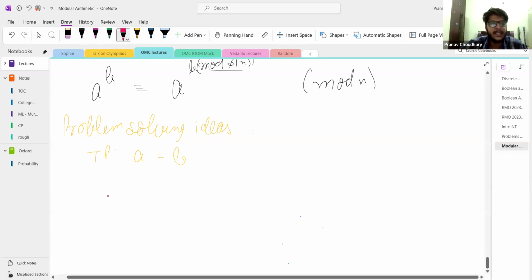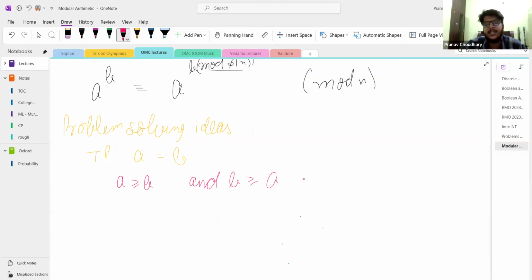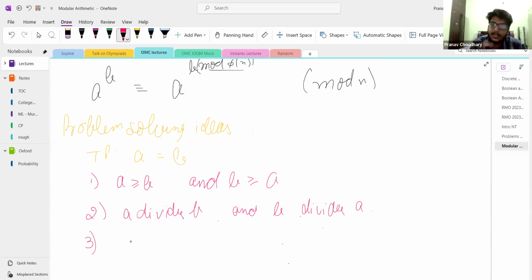Another is I can prove A is greater than or equal to B and B is greater than or equal to A. Then A must be equal to B. Another way is if A divides B and B divides A.